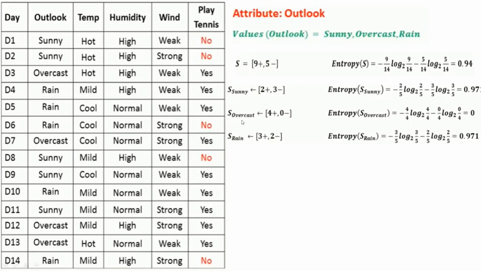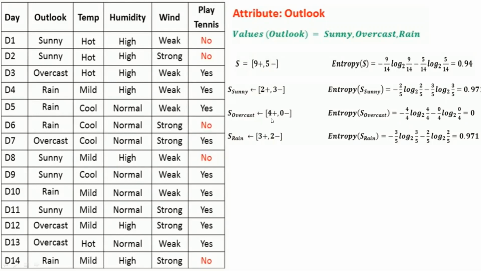If you consider overcast similarly, it has 4 values. All are positive. There are no negative values here. Observe carefully. Whenever you are calculating entropy for a single value, if any of the attributes is 0, you can directly keep it as 0. You don't need to calculate again.